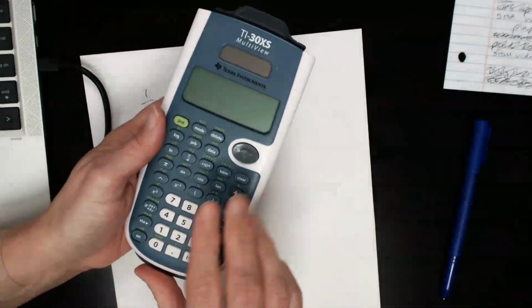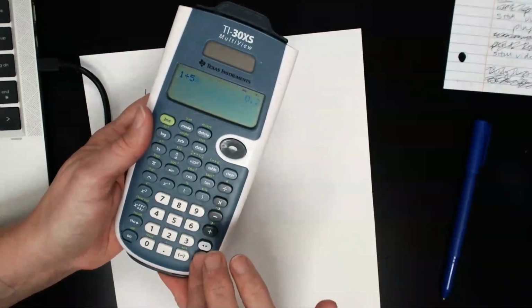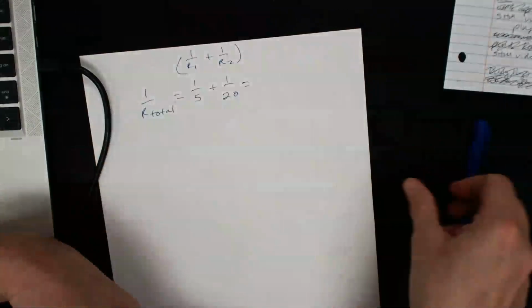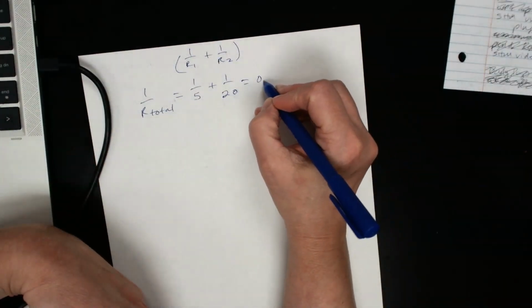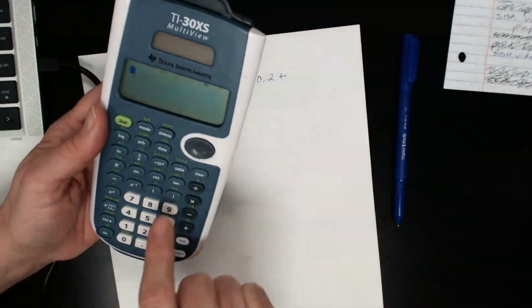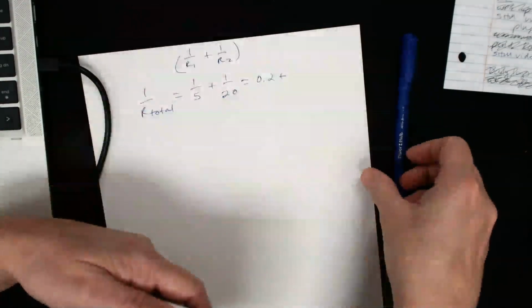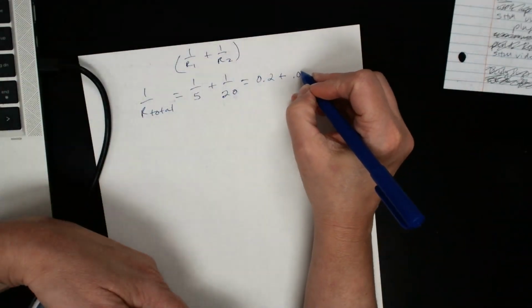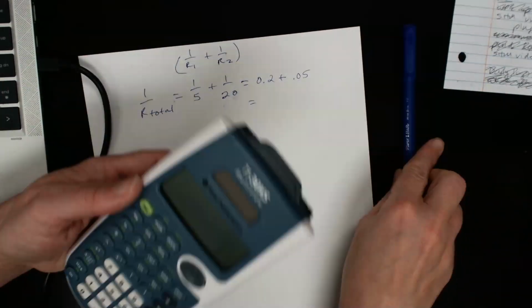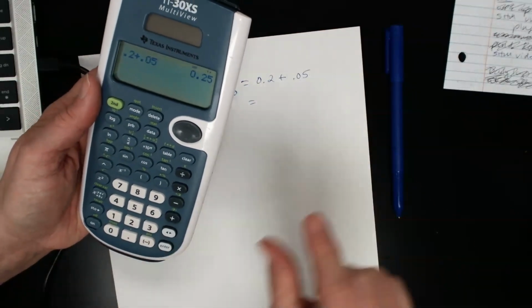So I'm going to divide 1 by 5. That gives me 0.2. And then I'm going to divide 1 by 20. That gives me 0.05. I'm going to add those two up. 0.2 plus 0.05 gives me 0.25.